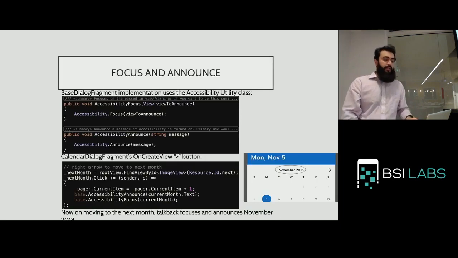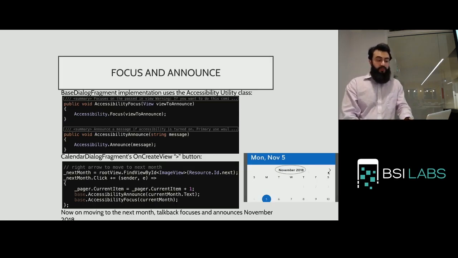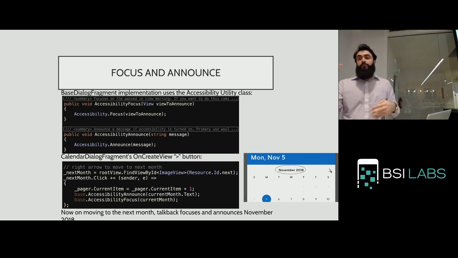For example, in our example, whenever you clicked on the right button, whenever you go to the next page in a calendar, we wanted it to focus on the day, the month and the year.